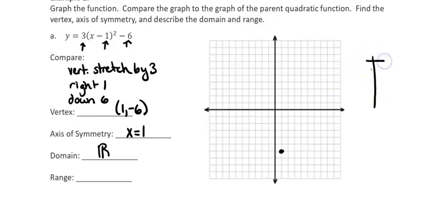So since we know that our vertex is 1, negative 6, we can go to a calculator and pull up a table, and we can plug in just to the right of 1 would be 2 and then 3. So we can use our calculator to plug in 2. What I would type in my calculator is the entire equation, or I'd go to my table, type in the equation using x, and pull up what x is 2.